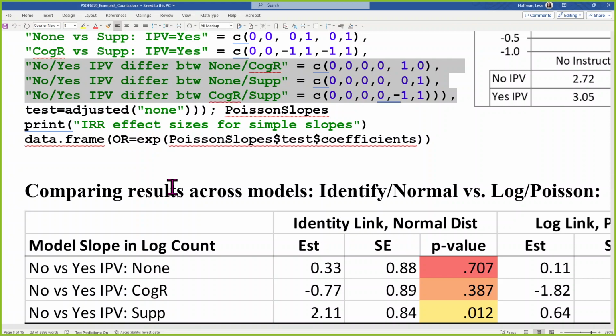I can say, to what extent does IPV matter differently in this group versus that one versus this one, or this one versus this one? Or I can talk about how does the effect of the experimental manipulation in terms of this comparison differ as a function of IPV history. Either of those is correct. And sometimes in homework, I will ask you the same interaction term both ways just to get you to recognize that. So which of these are given by the model, and which do I need to ask for?